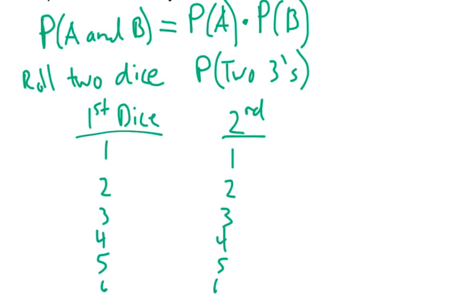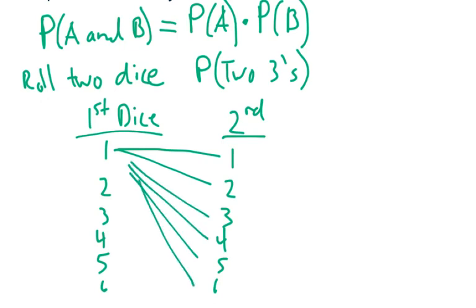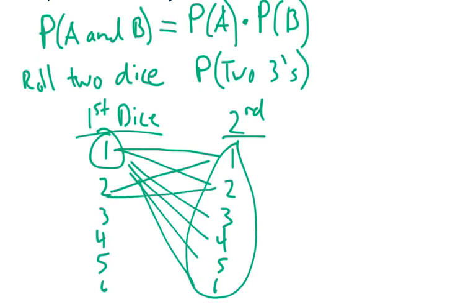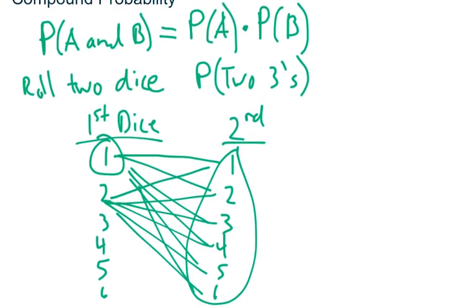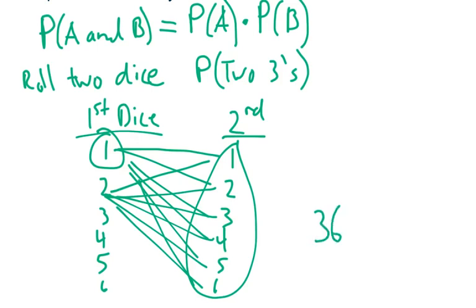When you roll that first one, the second one could be any of these. So just off of that one die, we have 6 potential options, and we can repeat that for each of these. We'll have an additional 6. And so what this gives us is essentially 36 different possible outcomes.